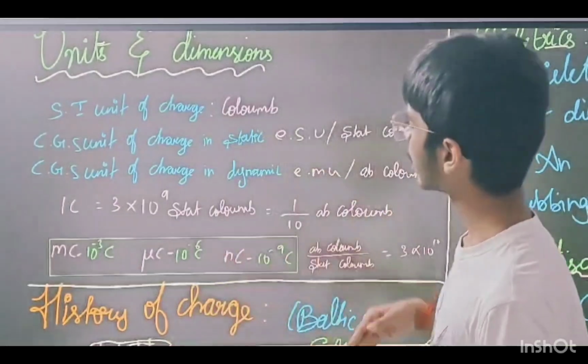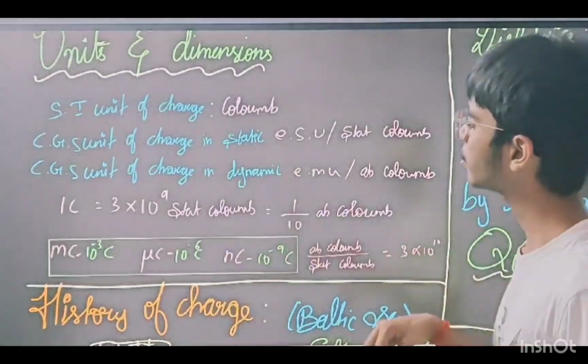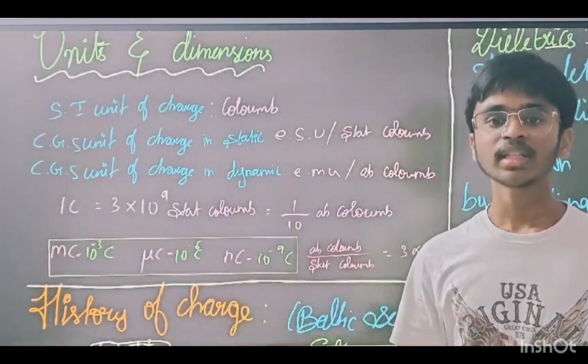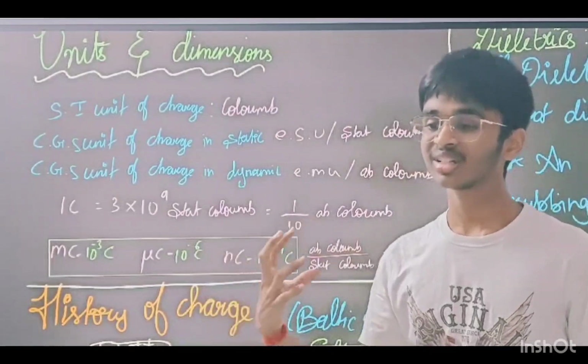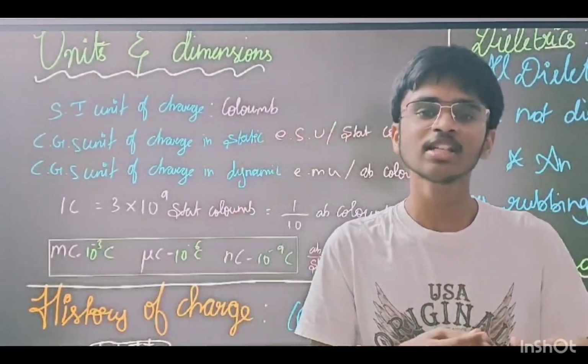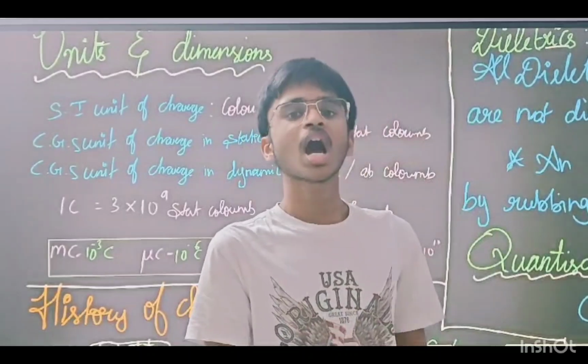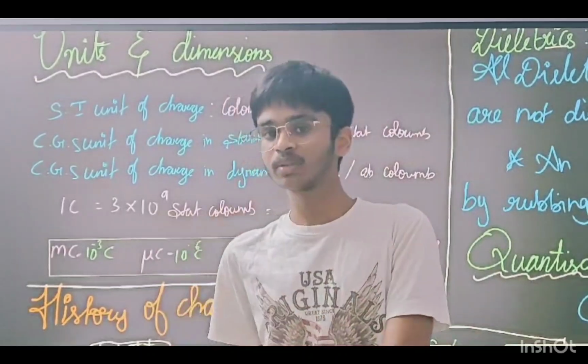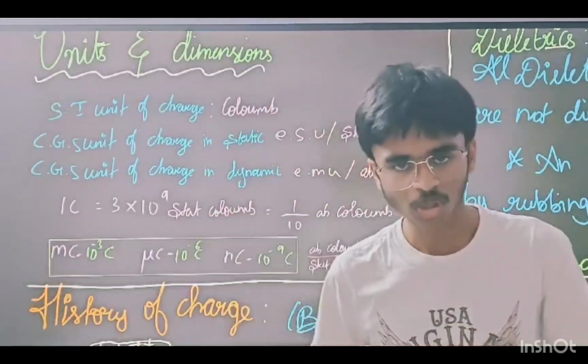Now, CGS unit is classified into two types. The CGS unit depends upon whether we are studying electrodynamics or electrostatics. The CGS unit for electrodynamics will be different from the CGS unit for electrostatics, and they both have a relation also.